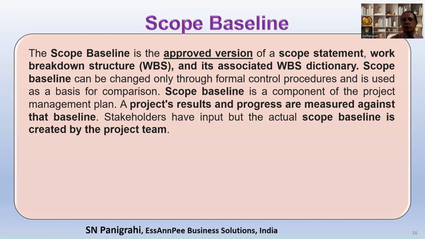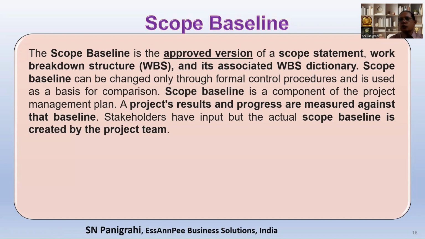The baseline is the reference point for the schedule, for the execution, and also for monitoring and controlling. We have to execute based on the baselines, and check whether the execution is happening with reference to the baselines.